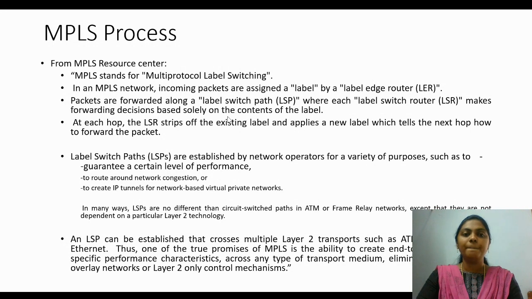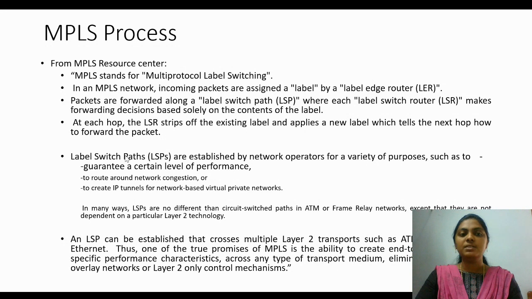With the help of the label switch path, it goes to the next node, and at the next node, that particular router will remove the existing label, attach a new label to it and forward it to the next hop. So that is the main work.